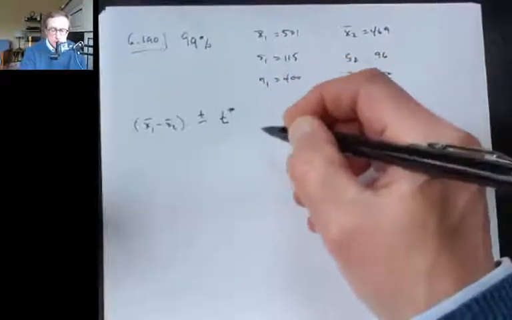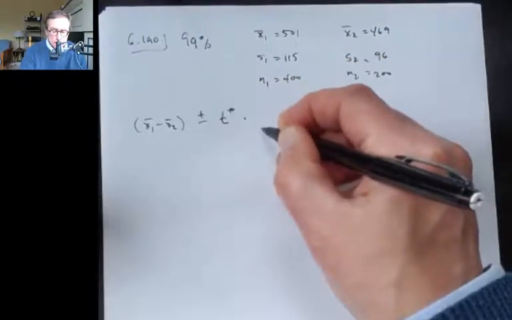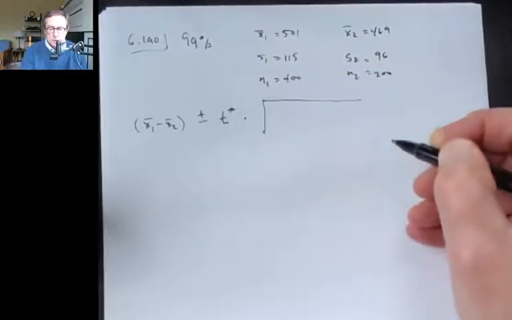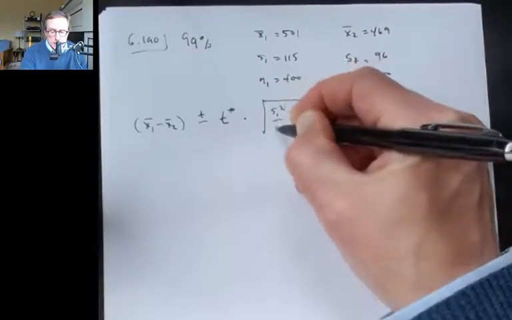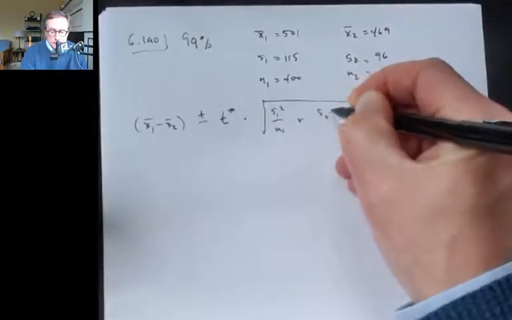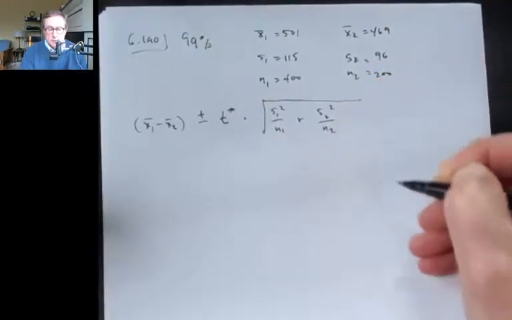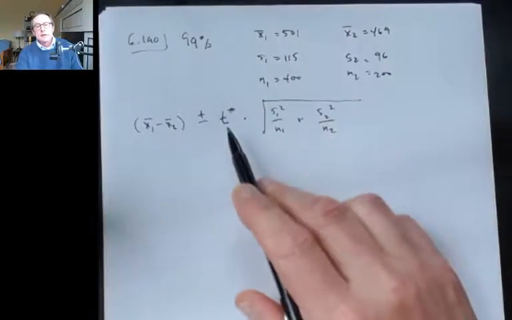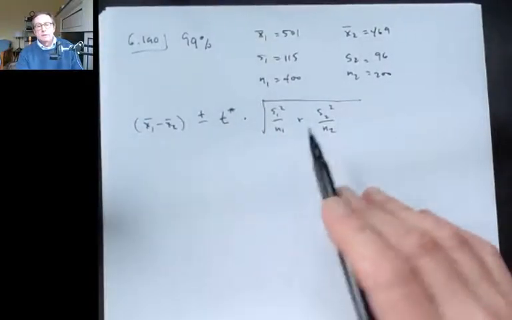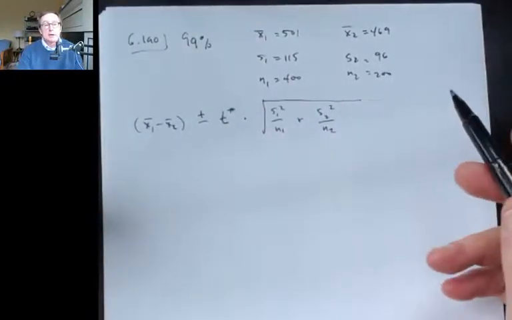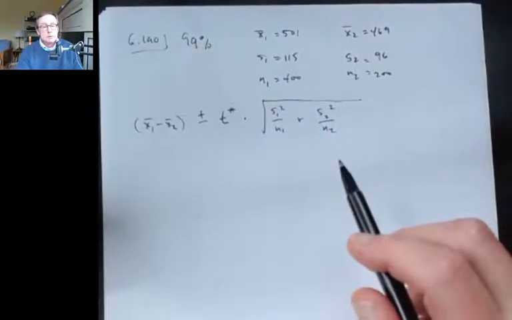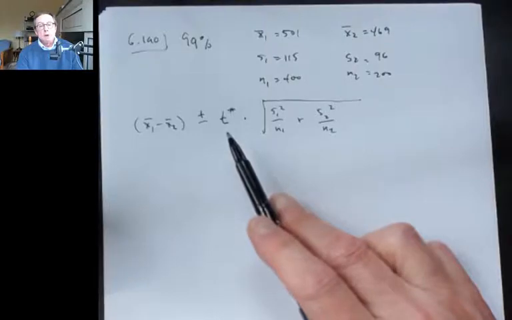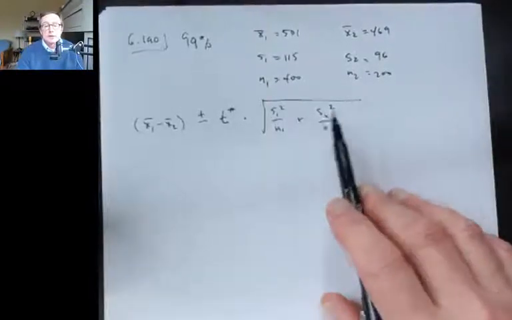And then you have to have the formula, but of course we have that written out in the book, so it's not the end of the world. It's S1 squared over N1 plus S2 squared over N2. And then once I get the T star, I fill in the numbers, and in some sense I'm done. The rest is a calculator job. Anybody can flub it up, but that's just a flub. That's not conceptual. So let's do the T star just because that's the main idea.